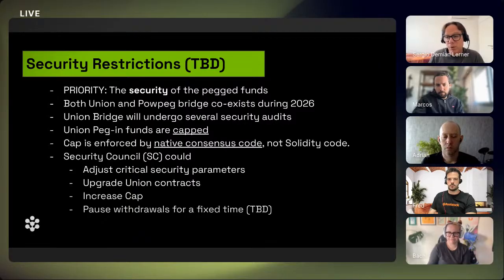And we plan to have a security council during this brief period of time where we have the cap, where we could adjust certain security parameters. Eventually, if there is a security problem, upgrade the contracts, increase the cap, and pause withdrawals for a fixed amount of time. But the important thing here, and next slide, please.